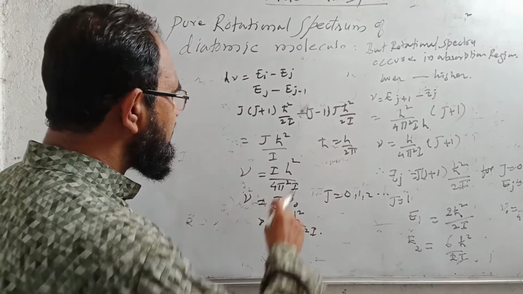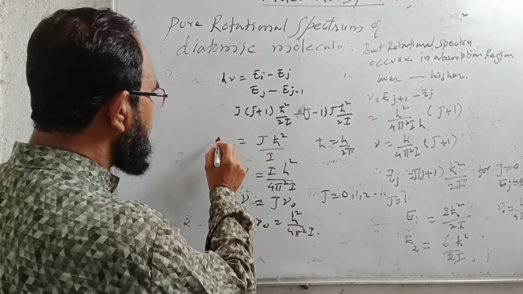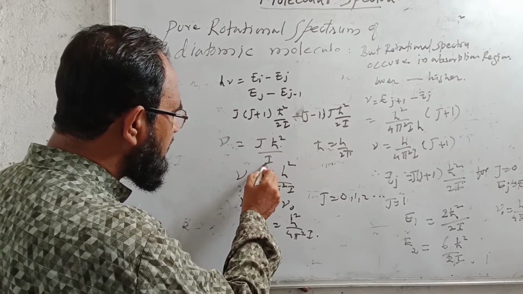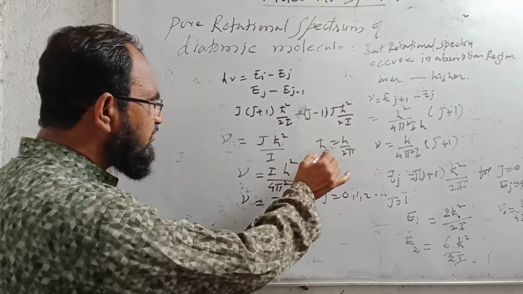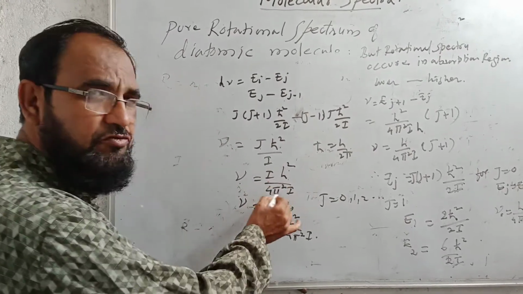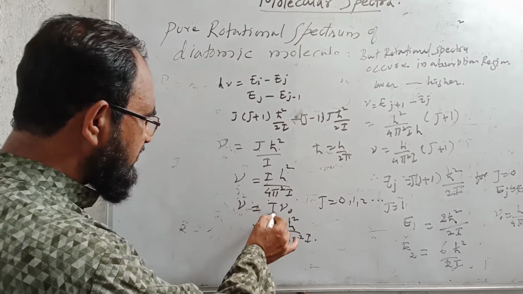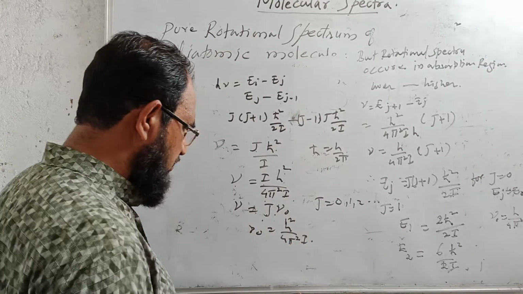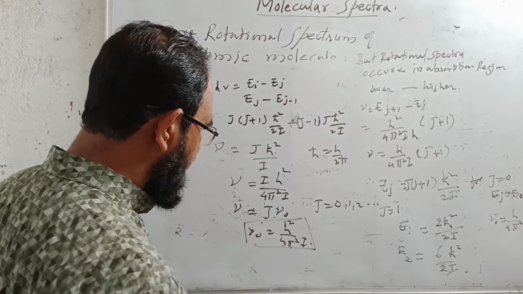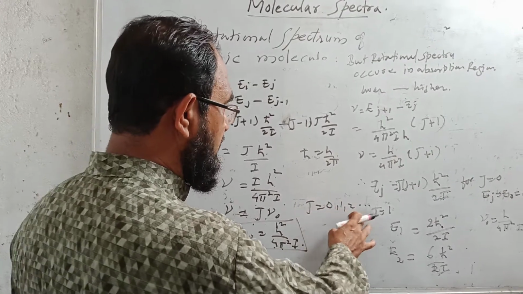If I substitute h cross as h upon 2 pi and solve it, I will get nu equal to j h square upon 4 pi square I. Or we can say nu is equal to j into nu 0, where nu 0 is h square upon 4 pi square into I, where the value of j may be taken as 0, 1, 2, 3 and so on.